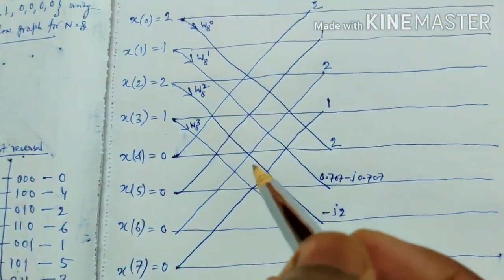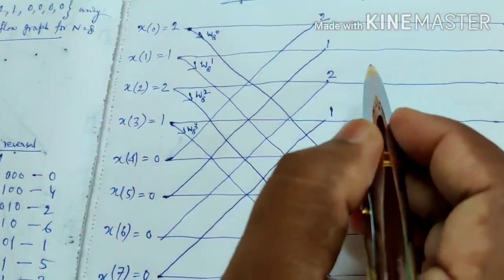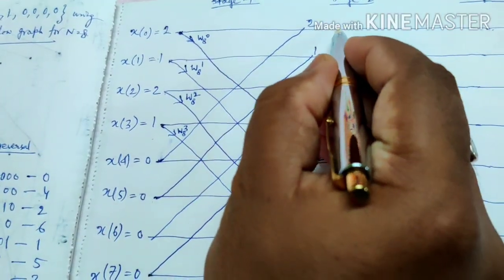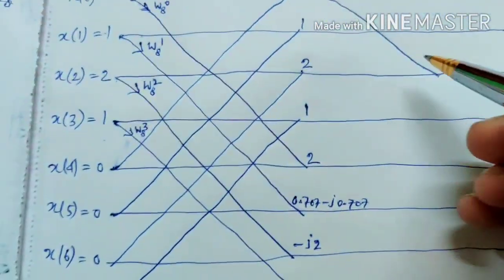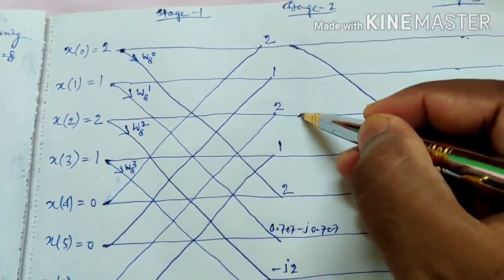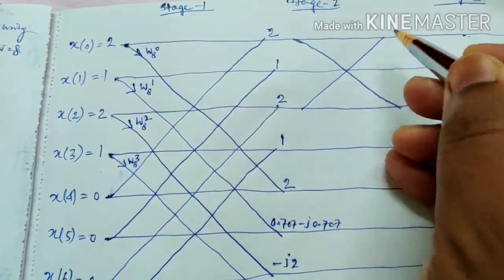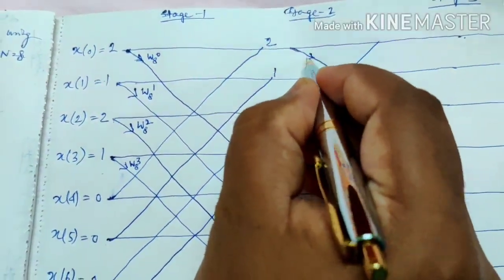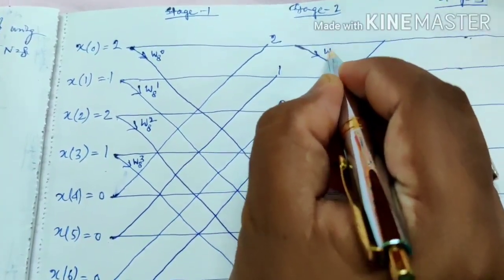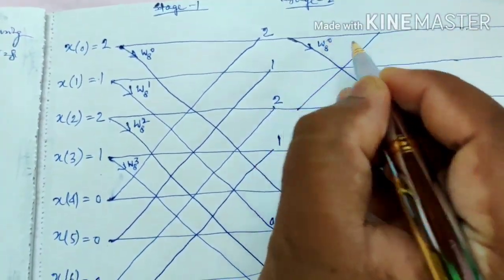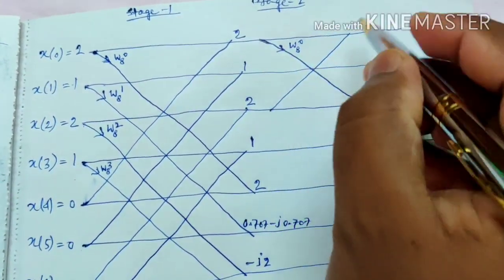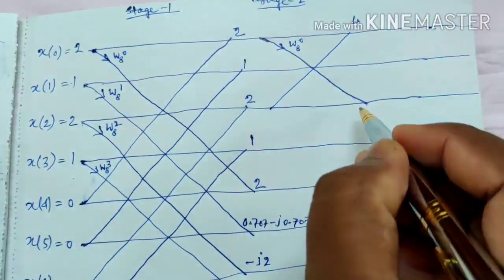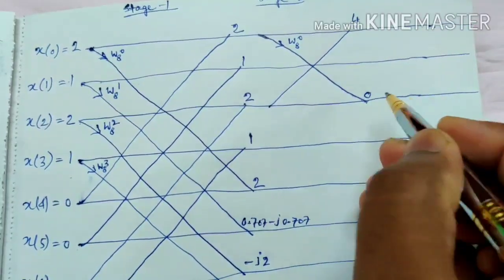So for the next stage, the stage 2 operation will be like this. The twiddle factor is omega 8^0. So that value will be 2 and 2, that will be 4, and that will be 0.